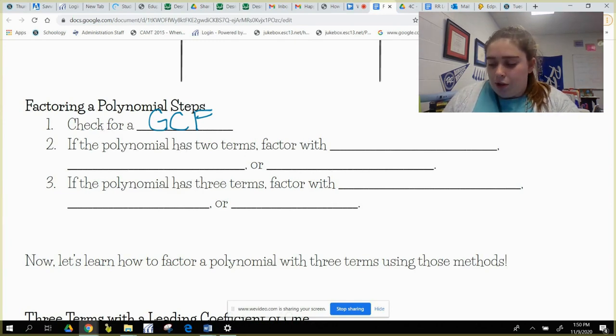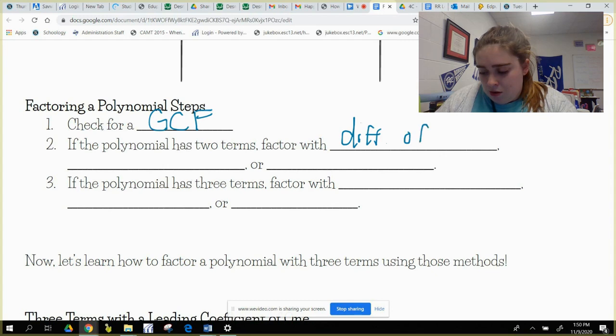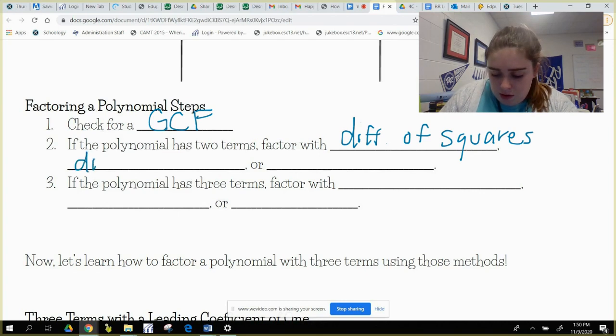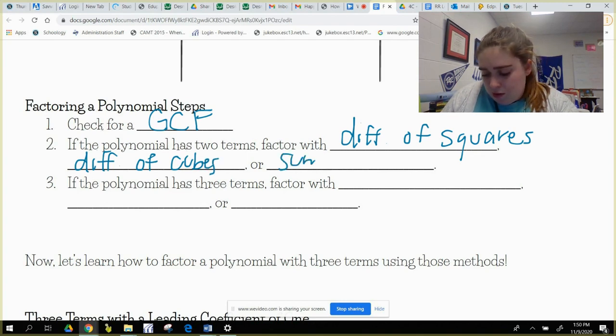The first one was difference of squares, and then difference of cubes, and also sum of cubes. Those are our three methods that we went over yesterday that dealt with two terms.